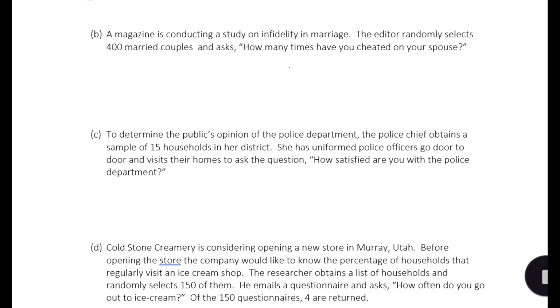Do you think the respondents could get punished for their response, either from their spouse if they found out, or potentially have a judgment view on those who are looking at the survey, etc.? There's maybe a fear of reprisal, and then the response here may not be accurate due to the loaded question that they're being asked. So this is a response bias.